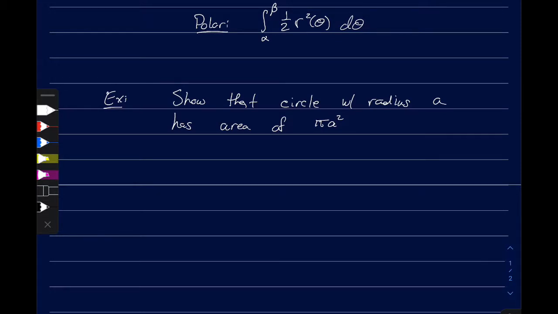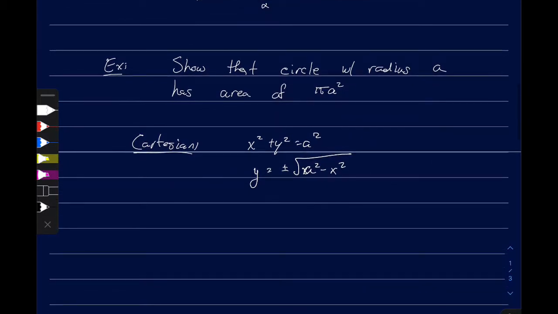Now, if we were to look at it in terms of Cartesian, we would have to set up our circle, x squared plus y squared equals a squared, and then solve for y, so y is equal to plus or minus the square root of a squared minus x squared.